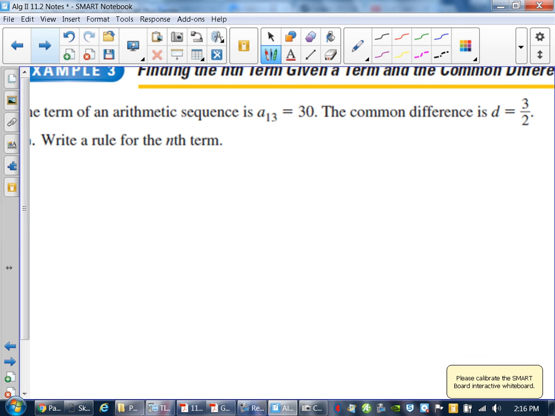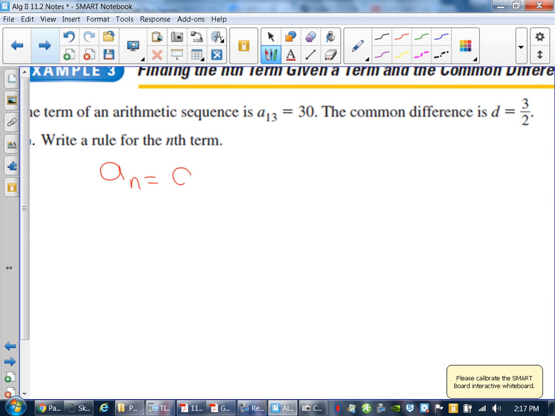For example, if I know that the 13th term in a sequence is 30, and the common difference is 3 halves, I can write out the rule. But again, it's just plug and play, really. It's just substitution. All right? So if you know that the 13th term in a sequence is 30, and the difference is 3 halves, write out the rule.